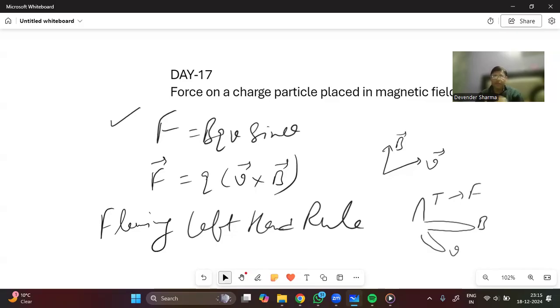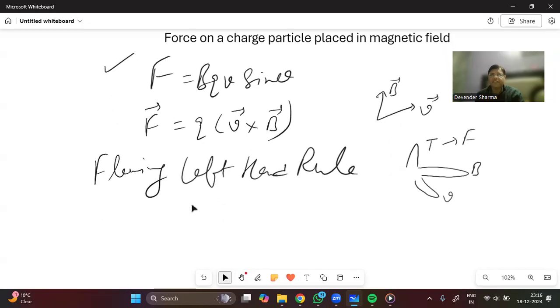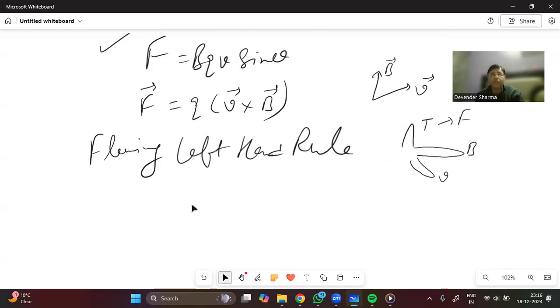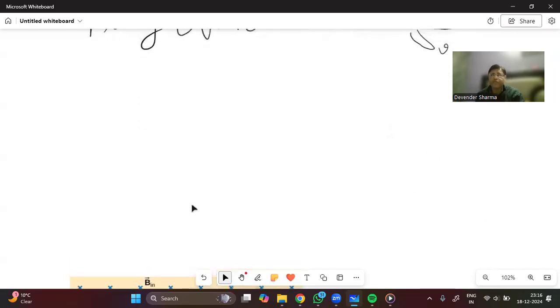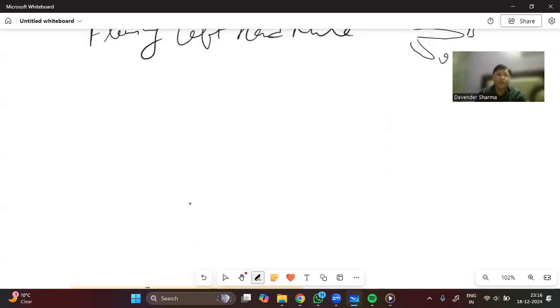Now, how to understand this? For that, we'll move on to the next part. But before that, since it is a charged particle entering into a magnetic field, the charged particle is already having a force due to the electrostatic force. So F is equal to QE. We have done this in electrostatics.